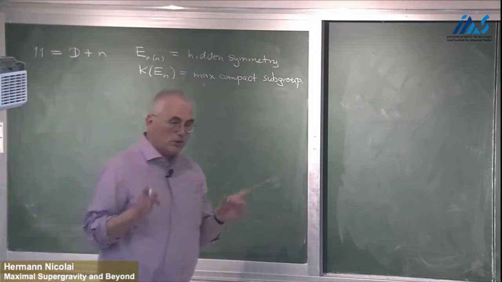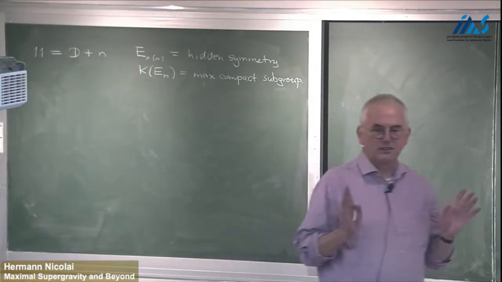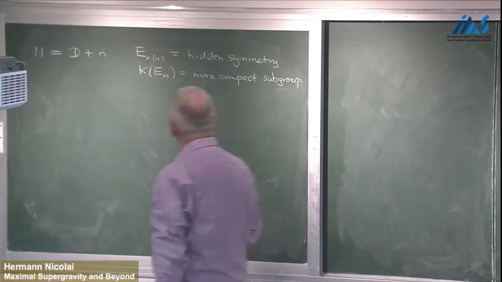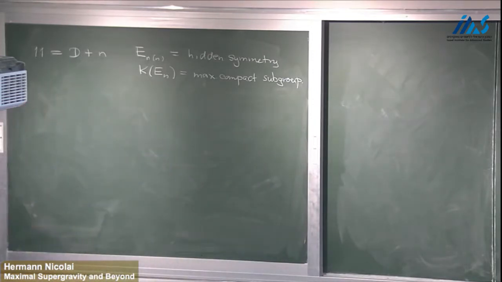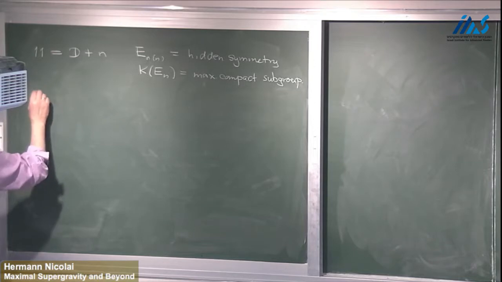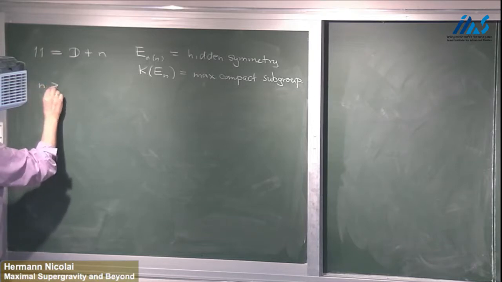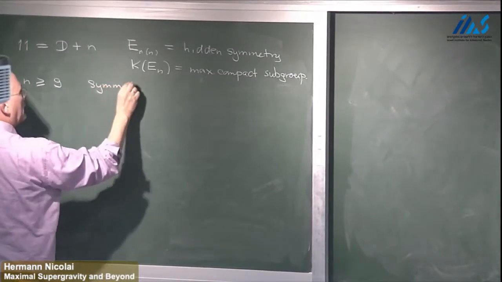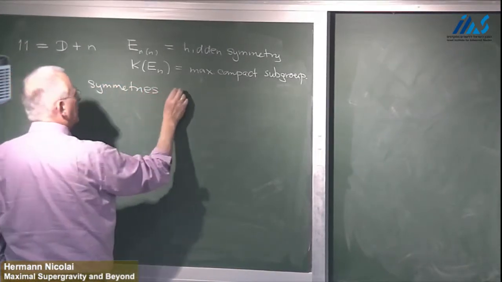Because these are no longer in the group theory books, people had to investigate what kind of groups we are talking about, but it turns out that since they're no longer finite dimensional, they must be infinite dimensional. So the basic result is that as n becomes bigger than 9, the symmetries become infinite dimensional.